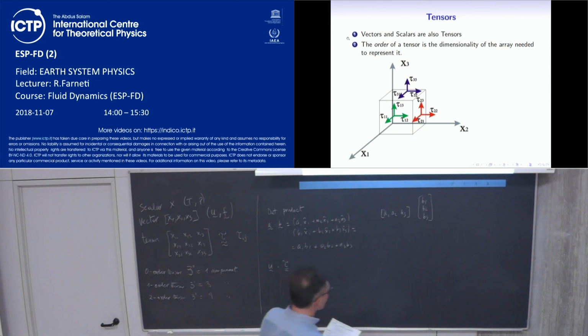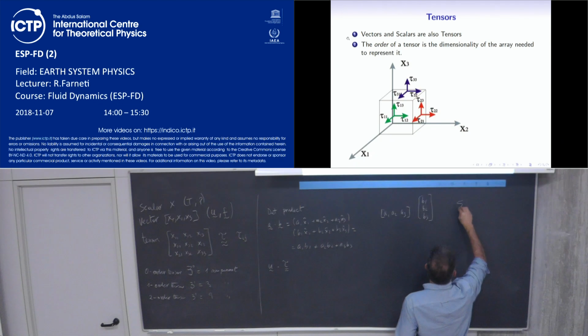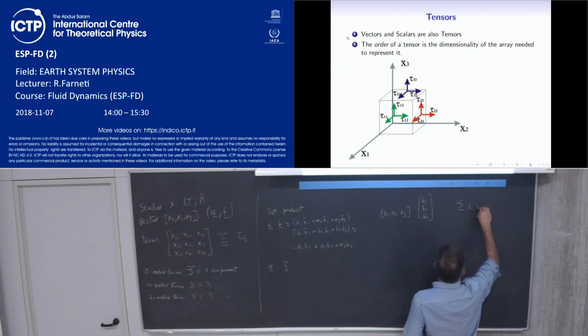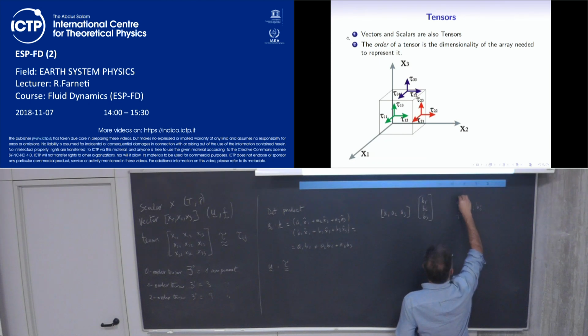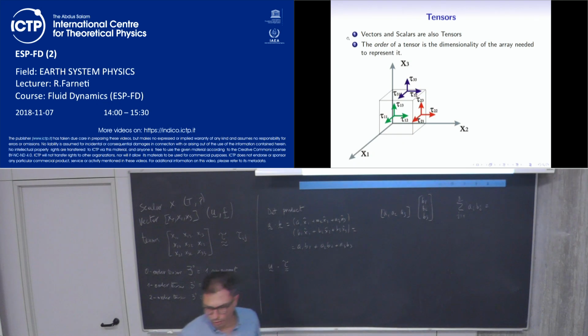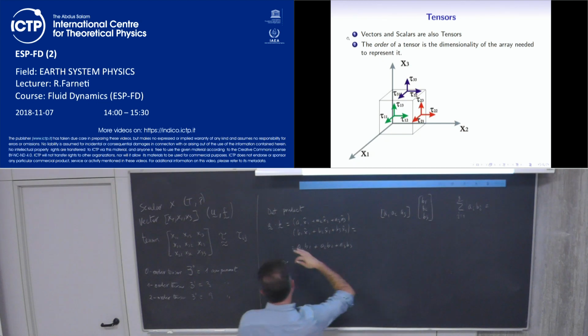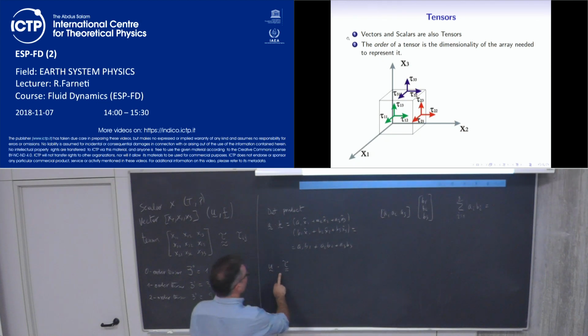But in tensor notation, it's much easier to do all your operations. As long as you're doing the simple case, you don't see the difference. When you try to do it in vector notation or in matrix notation, it's quite a pain.